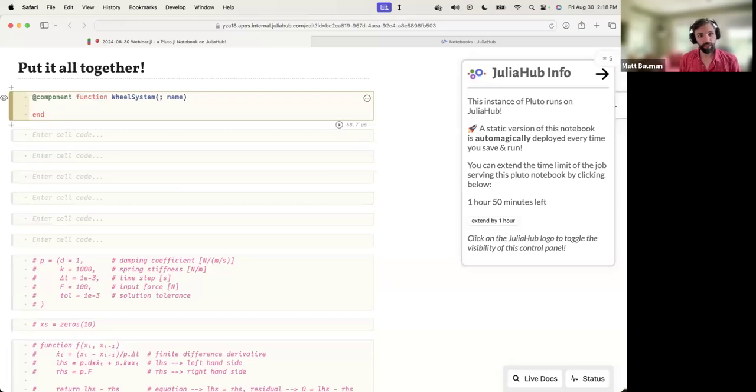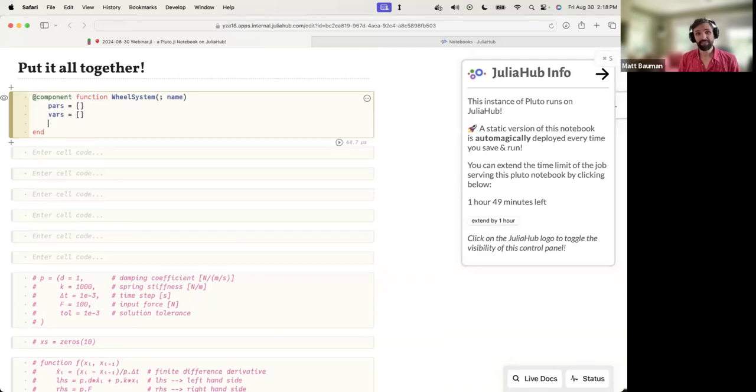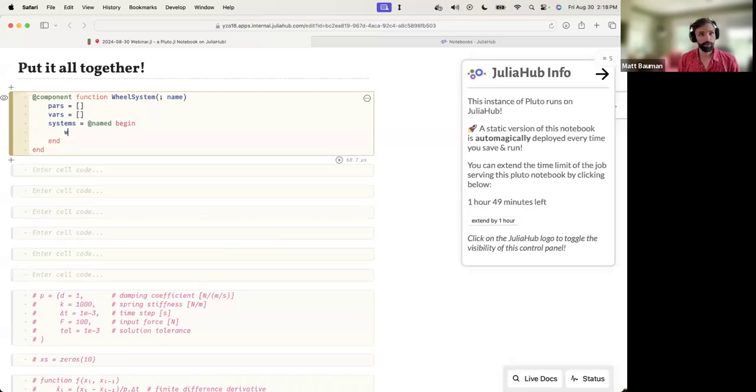And just like the mass spring damper system, the wheel system that knows about the road and the mass spring damper that's riding on top of the road doesn't have any parameters, doesn't have any variables, doesn't need to have any of these things, and just has the systems, right? Where we have our named systems: the mass spring damper is going to be our wheel, an approximation of a wheel.